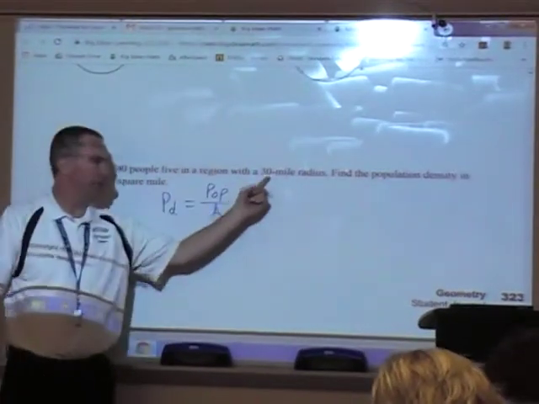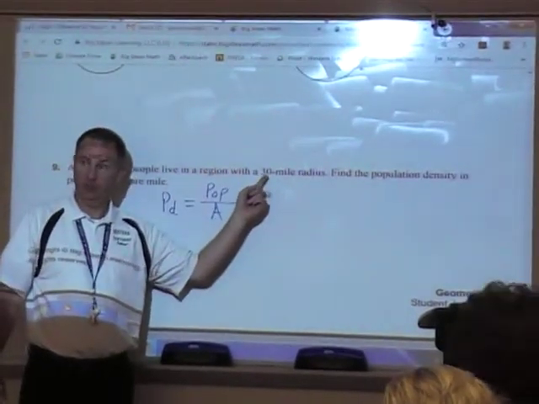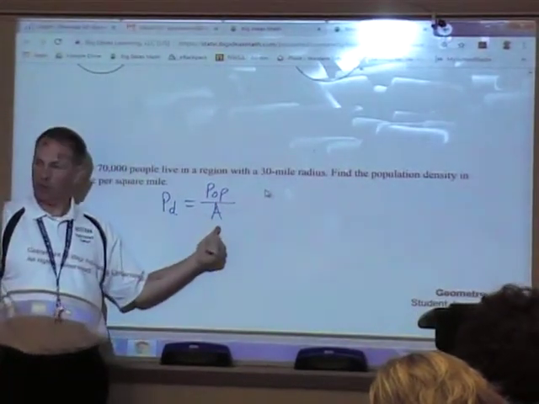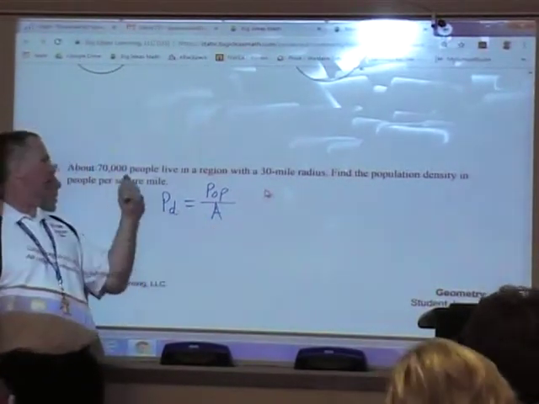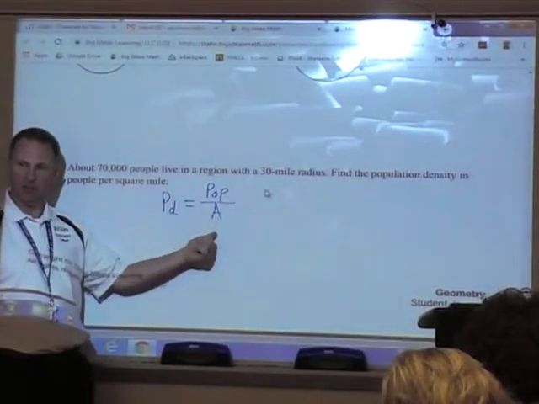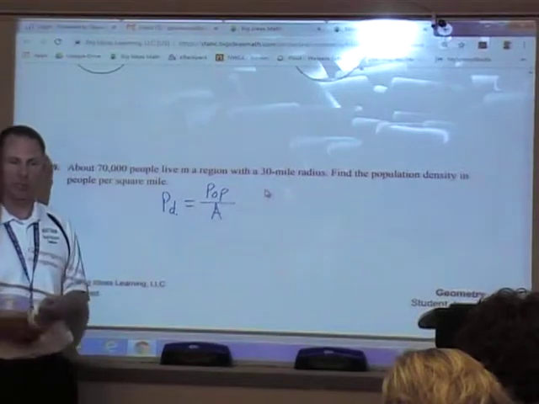So if the radius is 30 miles, which is really big, there's your radius. Figure out the area of that circle, and then put the population of the people in on top. Take the population divided by the area. That'll tell you what your population density is.